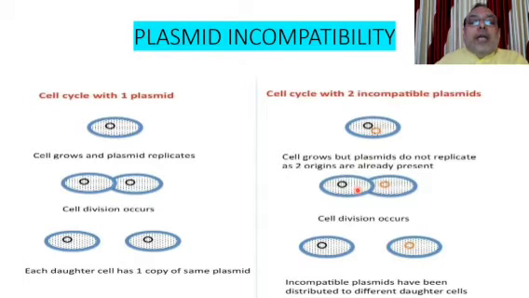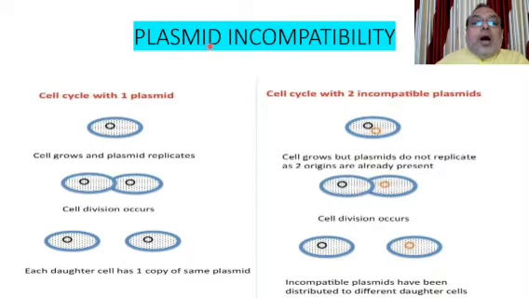The cell could not take a decisive action to make their copies, and since they have not made their copies, they are transferred in an isolated way. One is transferred to one daughter cell, and the second is transferred to the other.